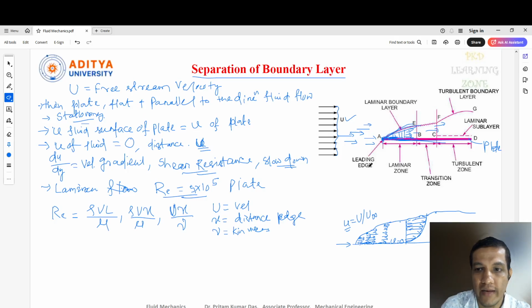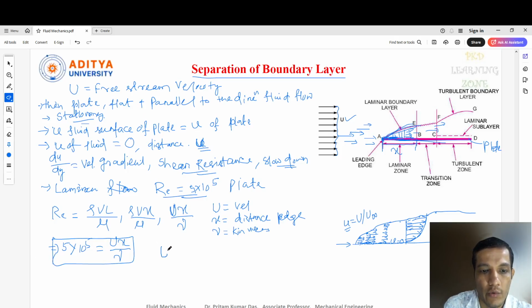So from this point A, if you see up to point B, this is the value of x. Now here if you put the value of Re equal to 5 into 10 to the power 5, this equals U into x by nu. In this term, the x value is unknown.